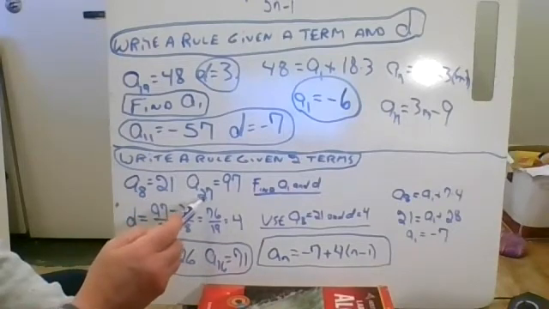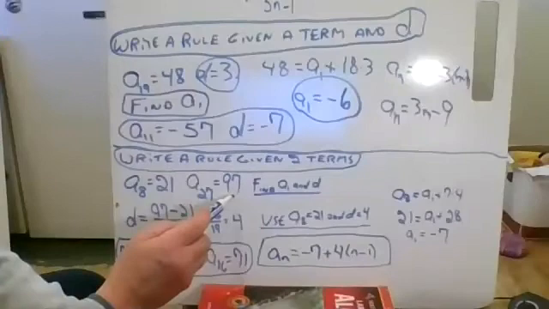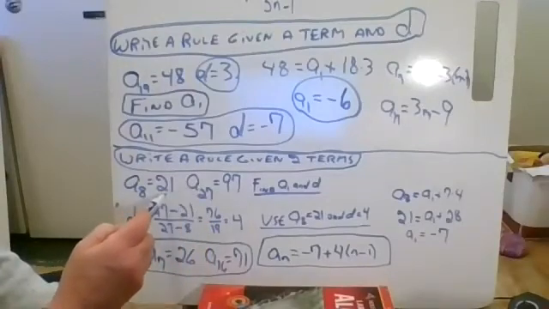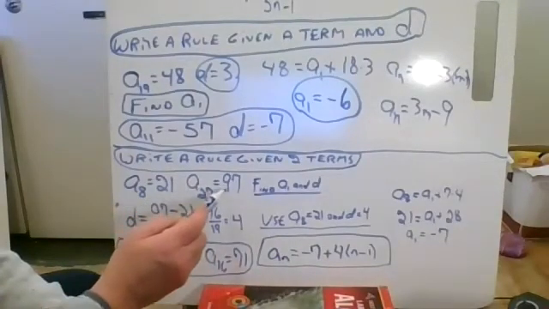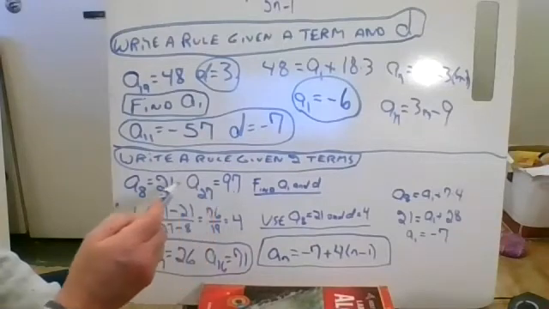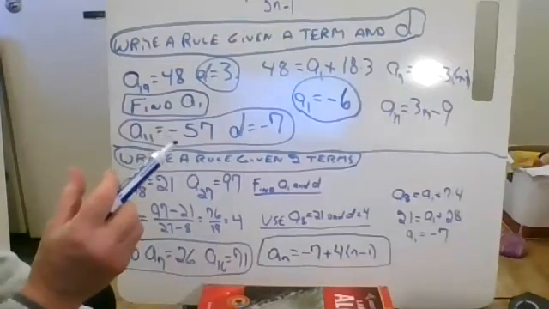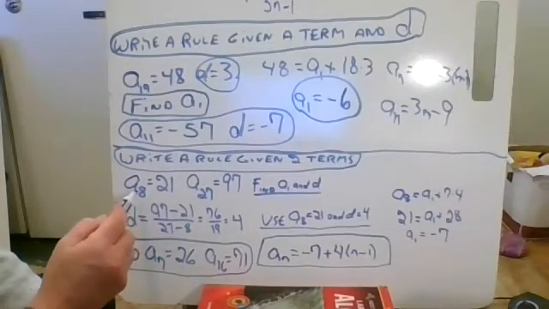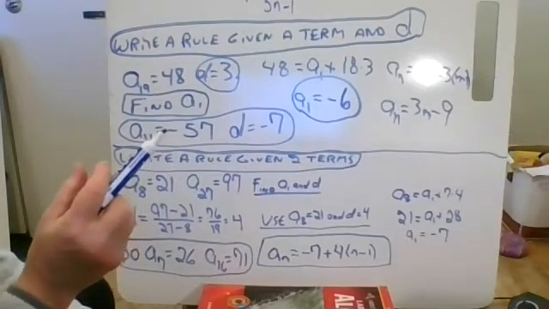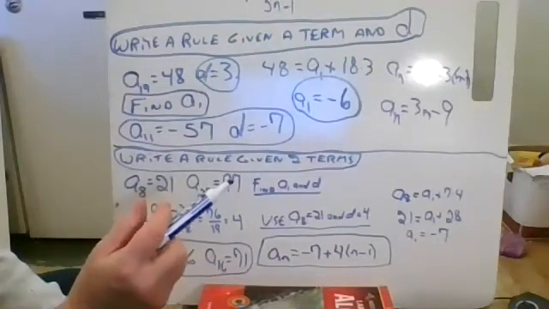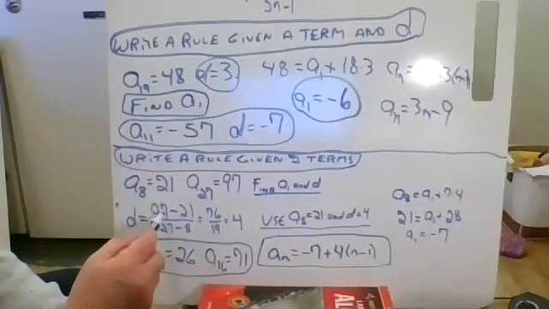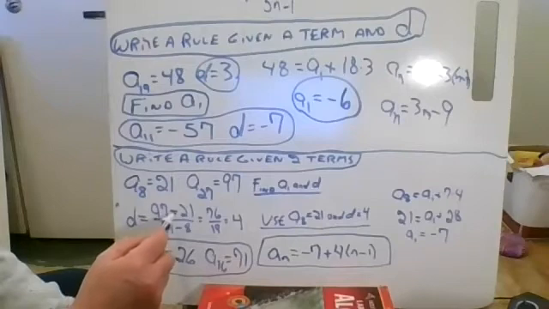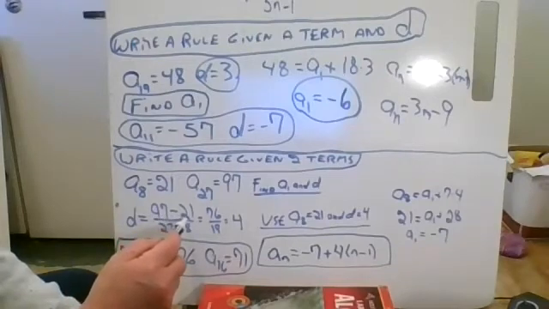If you knew the 27th term was 97 and the 8th term was 21, then the distance from 97 to 21 covers how many d's, how many gaps? Well, 27 minus 8 is 19. There would be 19 equal gaps covering a distance of 97 minus 21.